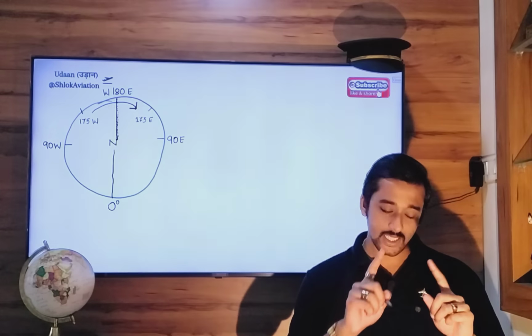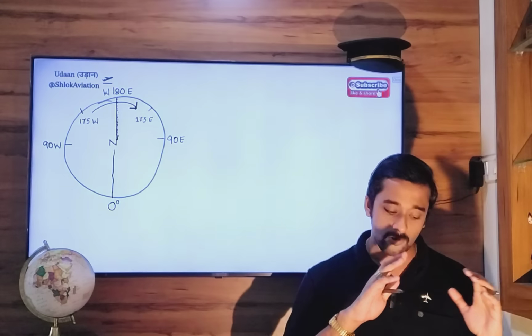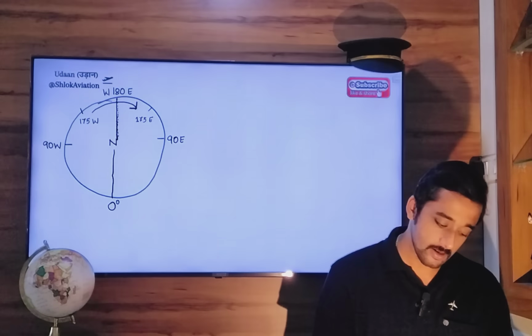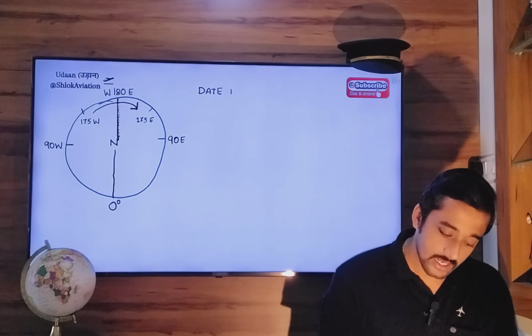So whenever you cross this international date line, what change happens? Remember, whenever you travel from the western hemisphere to the eastern hemisphere across the international date line, the date increases in value.